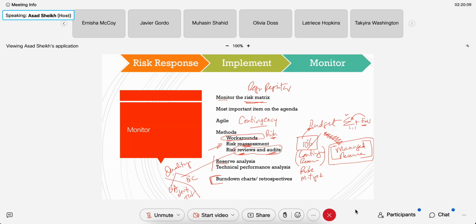I'm sorry, I take this back. Verify and test is quality control, QC. QA is your audits, or you do validation. So again, those are risks too, quality risks.